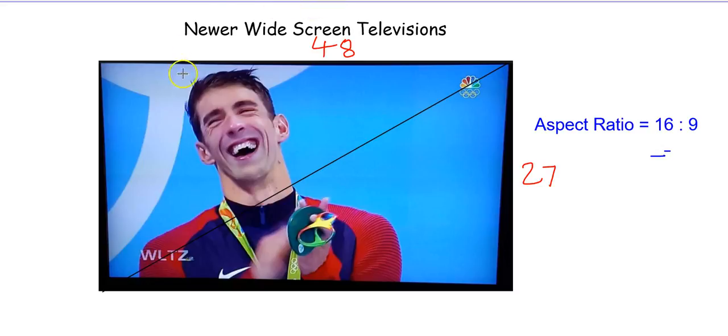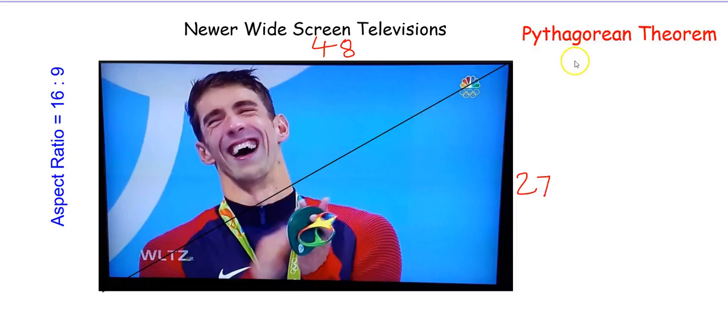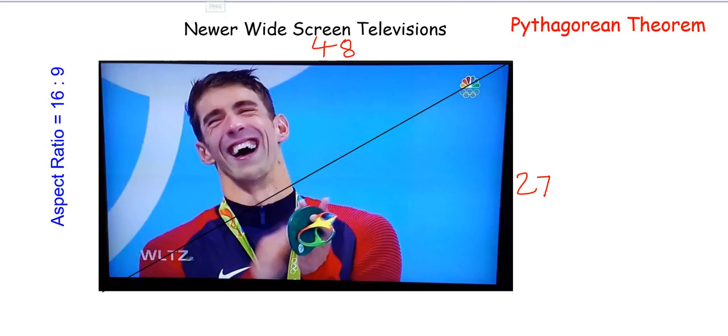In order to find that length, we have to make use of the Pythagorean theorem. We know that the Pythagorean theorem says that in any right triangle, the square on the hypotenuse is equal to the sum of the squares of the other two sides. What I'm saying is this: a squared plus b squared is equal to c squared, where c is the hypotenuse.